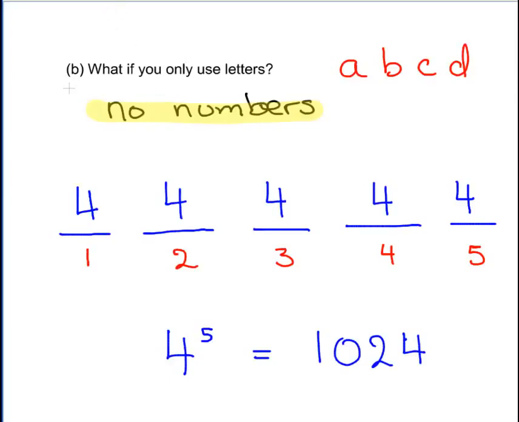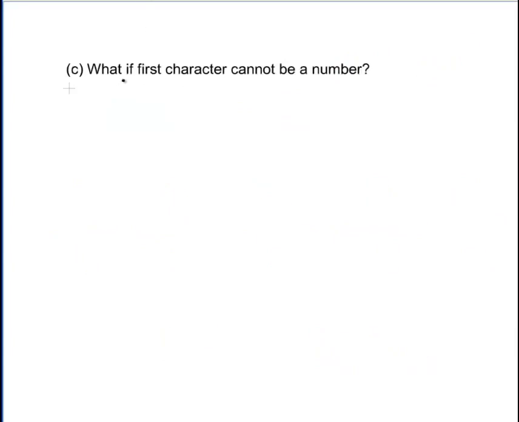Now, let's go on to the next question with a bit more decorum. What if the first character cannot be a number? So now you can see where my approach will come in useful. So, 1, 2, 3, 4, 5. There's a constraint on the first position. It cannot be a number. That means it can only be a letter, and we have 4 letters that we can choose from.